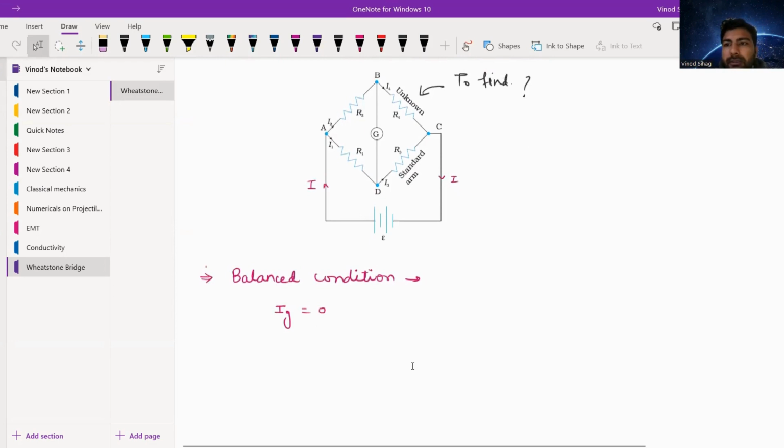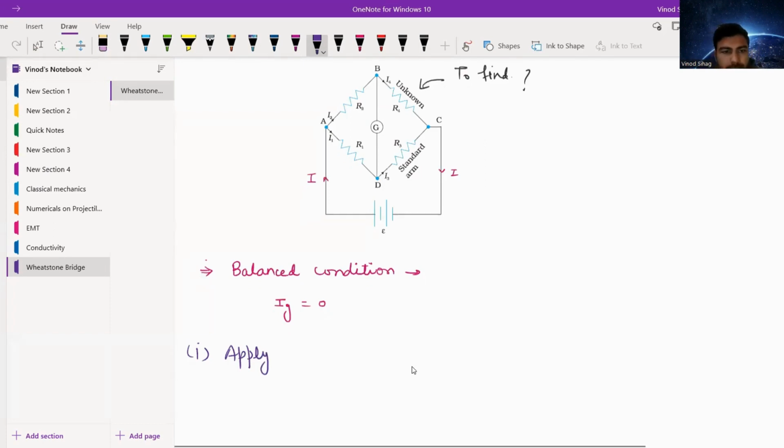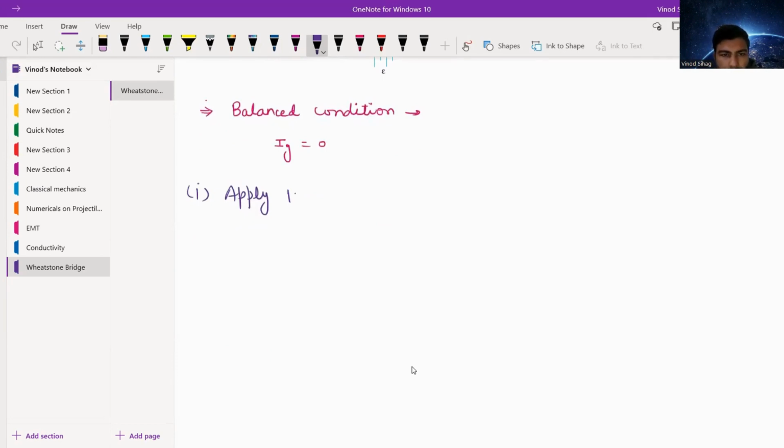So now we can apply Kirchhoff's current rule, or we can say Kirchhoff's junction rule. Okay, so first of all, let me apply Kirchhoff's junction rule here.